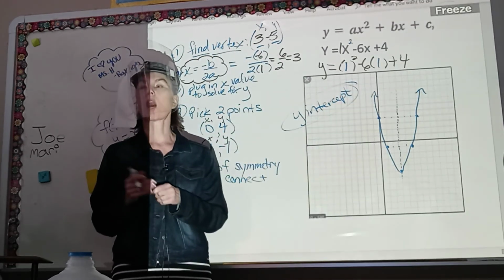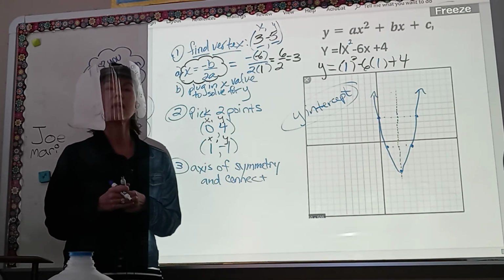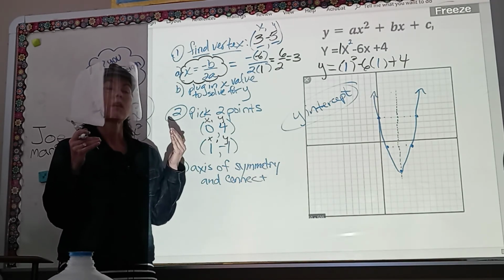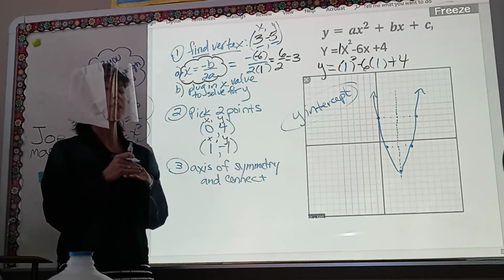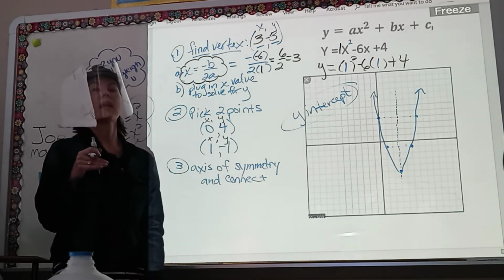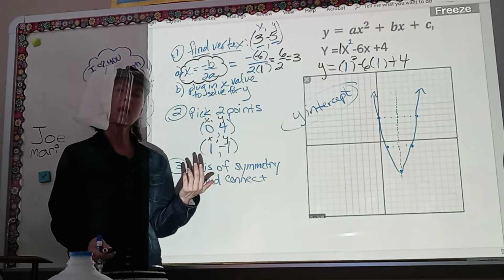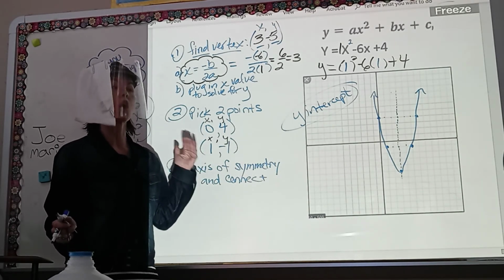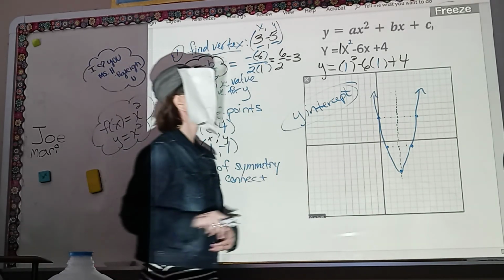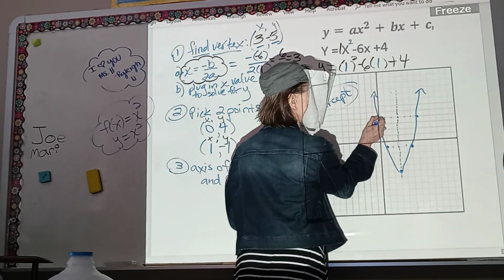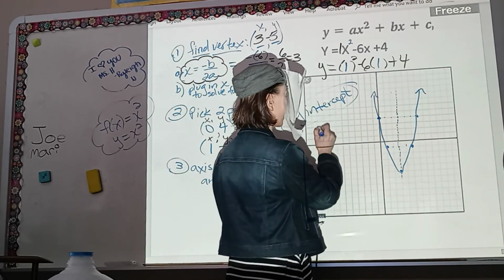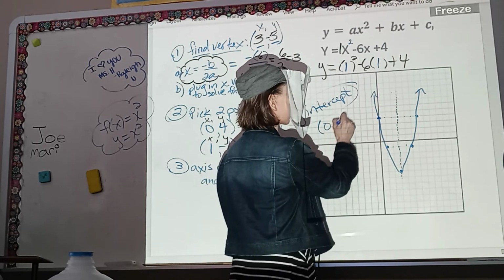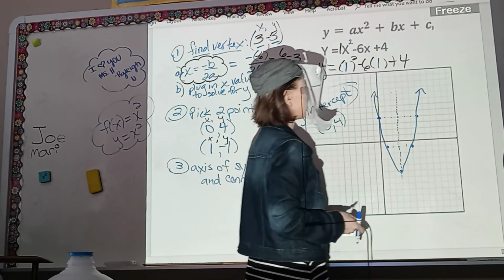Okay, guys, the y-intercept for a parabola is the same thing as the y-intercept for a line. So the y-intercept is where does this parabola cross over the y-axis? It's right here, guys. See that? So our y-intercept is 0, positive 4.